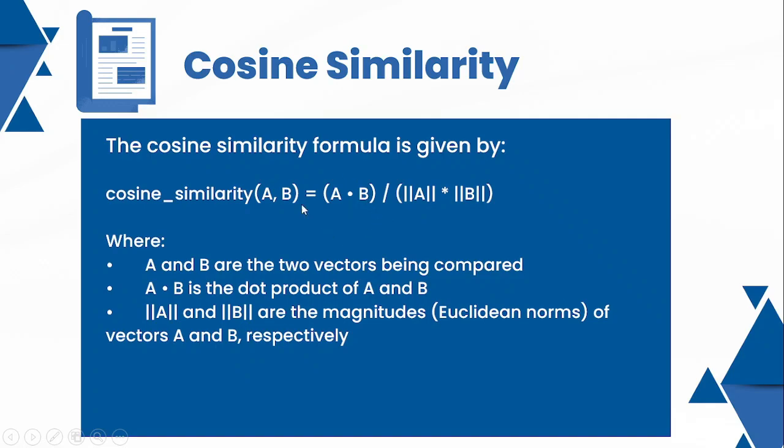We'll be using the dot product and the magnitudes to calculate the cosine similarity between two objects. We don't need to write this formula down, but just for your curiosity, I am mentioning that this formula is used to calculate the similarity between the two objects.